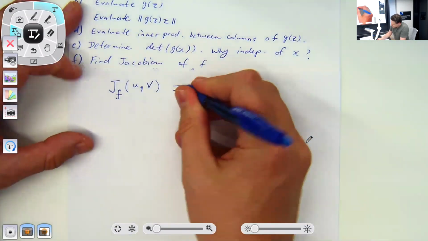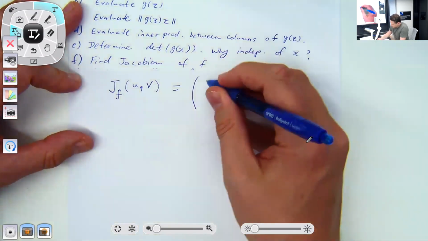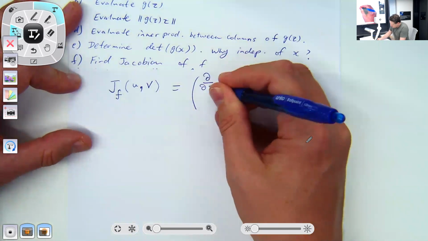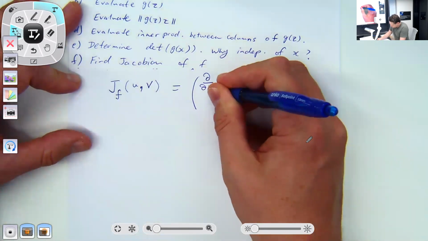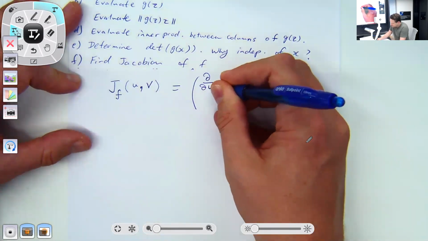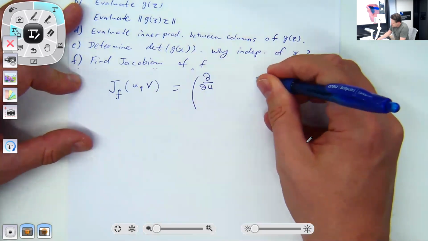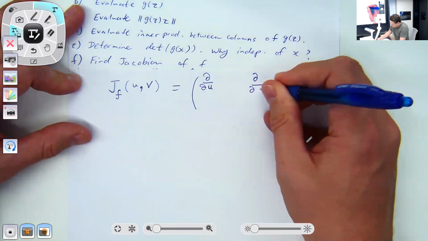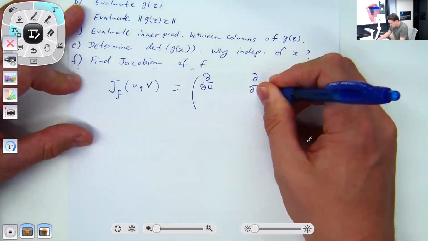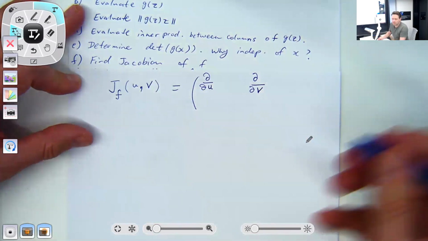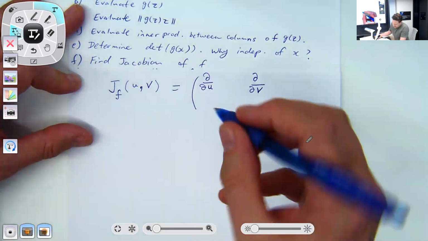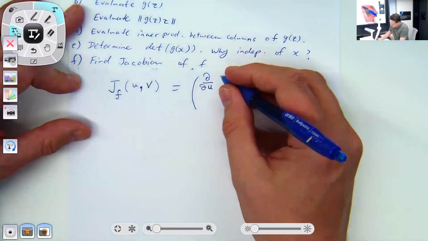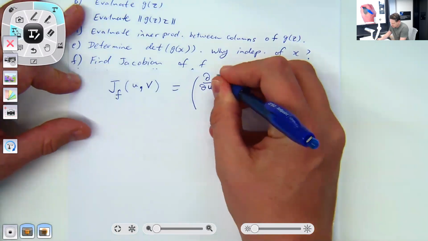So I don't have to go back and forth between two sets of letters. Now the formula for that: I need a partial derivative in terms of the first letter, and remember, we're keeping this as u. And then over here, I need a partial derivative with respect to the second letter, but what I'm taking it of is the first function.